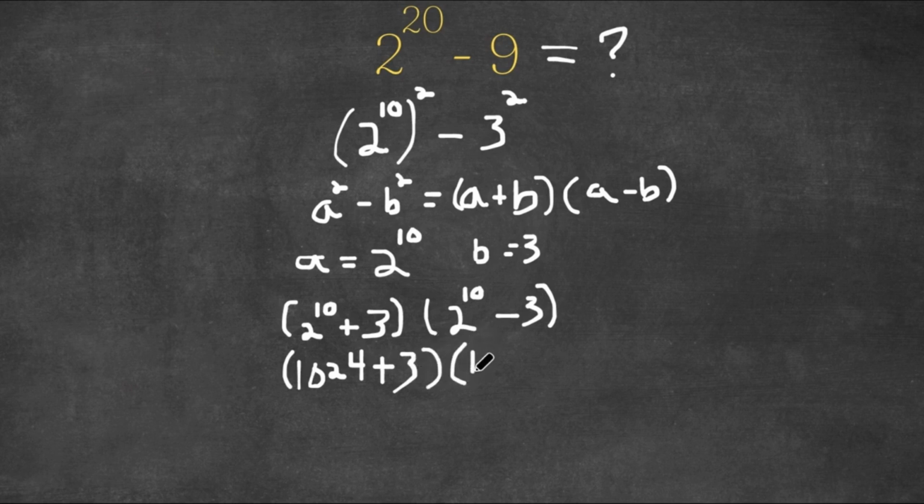And now we have 1024 minus 3. Now, 1024 plus 3 is 1027.